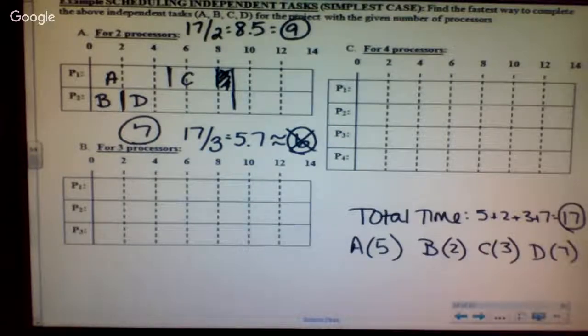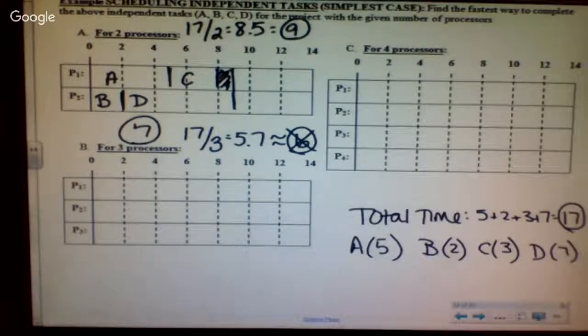Again, you may get a number, but that number doesn't necessarily always work. You have to go by your biggest task. So if the number that you get when you divide is lower than your biggest task, you have to go by that number. So everybody should work no more than 7 minutes if possible.